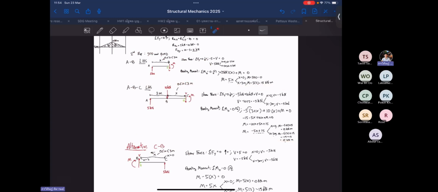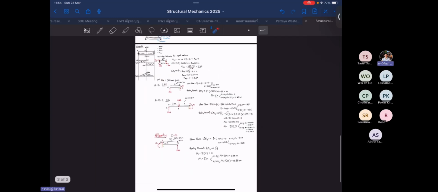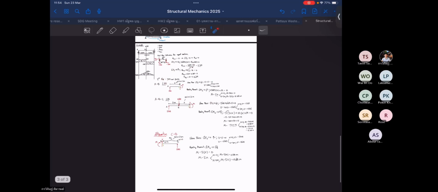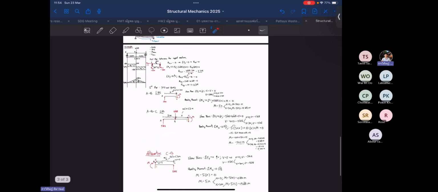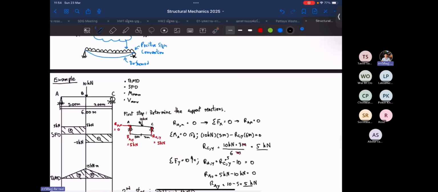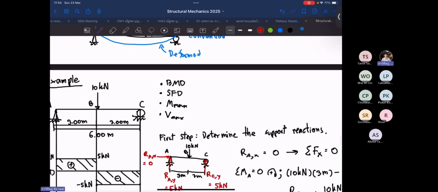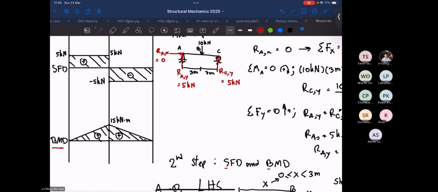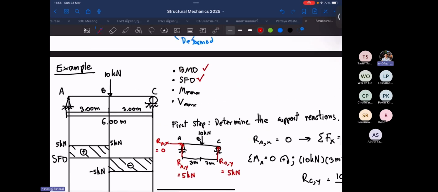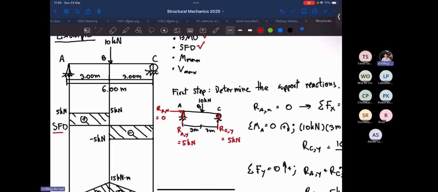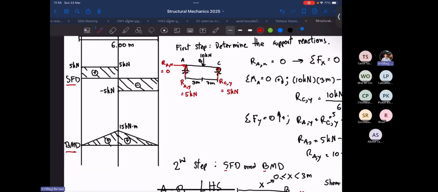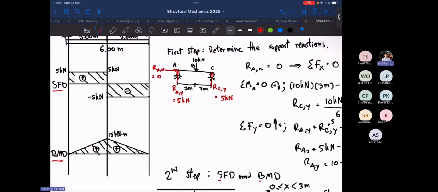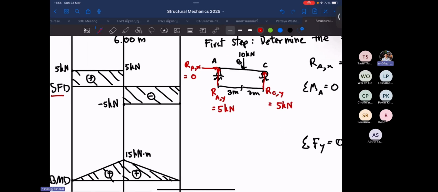Okay. You can combine it like this. And then you can get first and the second one. You get bending moment diagram here, and you get the shear force diagram here. In the exam, I will not ask you exactly to plot the on scale force and moment. Just draw using a ruler.